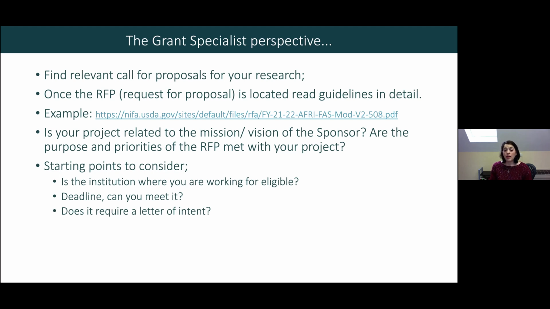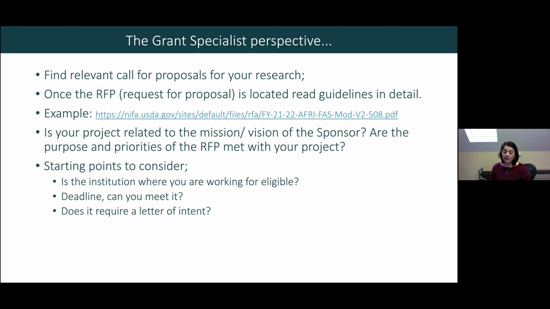So maybe you can ask a faculty member to be the lead PI while you are writing the proposal, and then you can be a co-PI in those cases. Or even ask for permission to be the lead PI. And then, can you meet the deadline? That's a big question usually.